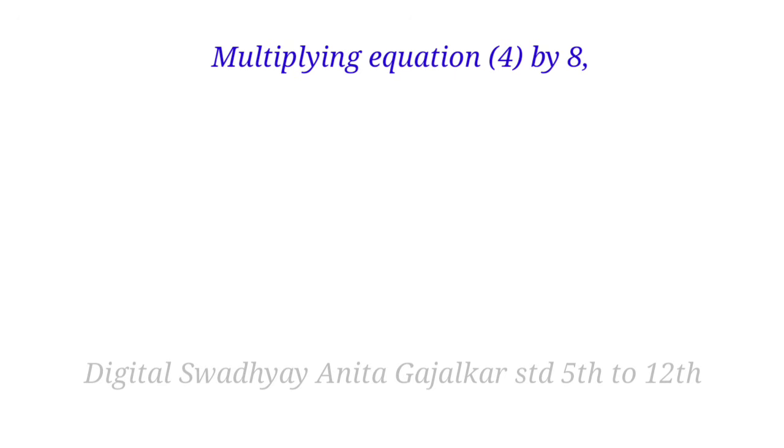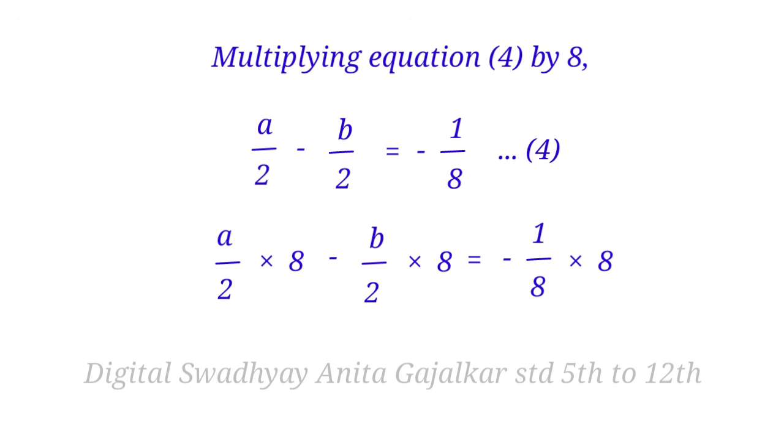Multiplying equation 4 by 8, equation 4 is a by 2 minus b by 2 equal to minus 1 by 8. a by 2 into 8 minus b by 2 into 8 equal to minus 1 by 8 into 8. 4a minus 4b equal to minus 1, equation number 6.